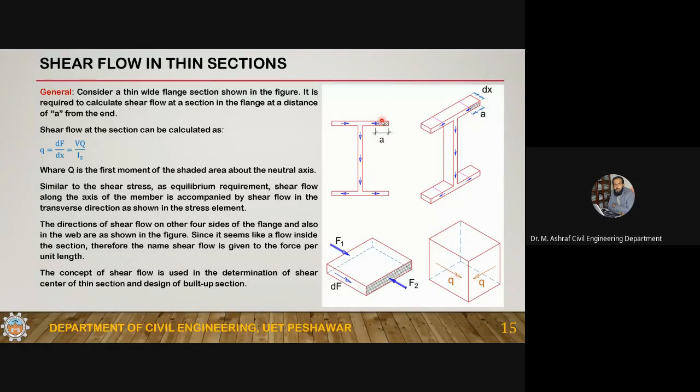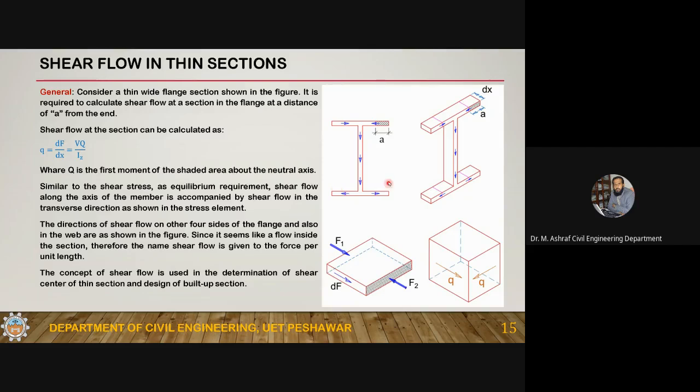Because if you have compressive stresses in the top, then in the bottom you will have tensile stresses, and the direction of the force will get reversed. And if the direction of the horizontal flow is reversed along the axis of the member, then this flow will also reverse. So this is the direction of the shear flow. This is in this direction, this is in this direction, and this is in this direction.